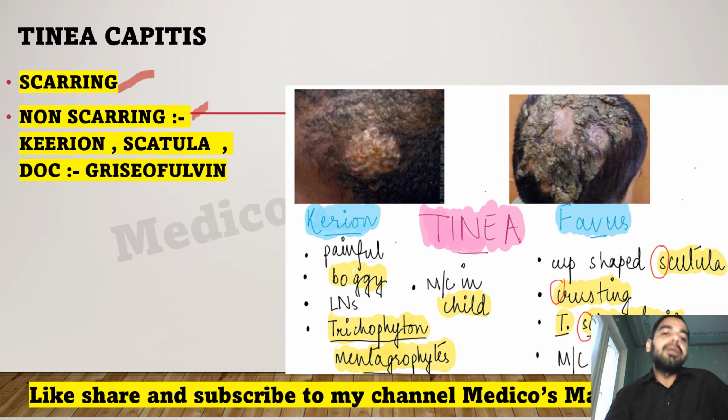And in this image we are going to see non-scarring hair loss, and here you can see two conditions, kerion and favus. You can also say favus and scutula. In kerion we see bogey shaped hair loss, and in the condition of kerion the causing agent invades up to the lymph nodes.